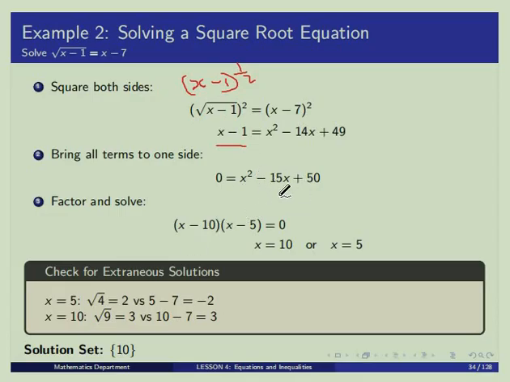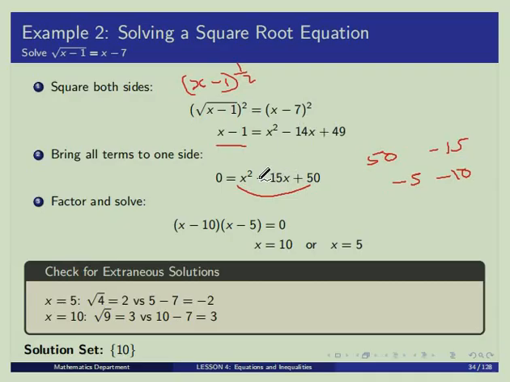And then from there you factor. Remember, this is a 1, so you want two numbers such that when we multiply, we get 50, and when we add them, we get minus 15. So minus 5 times minus 10: if you add, you get minus 15, and if you multiply, you get 50.